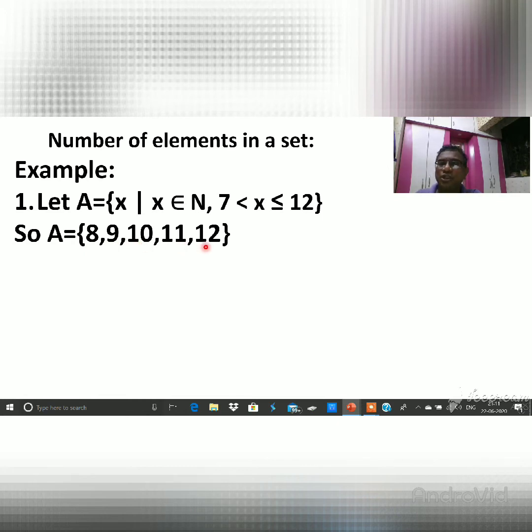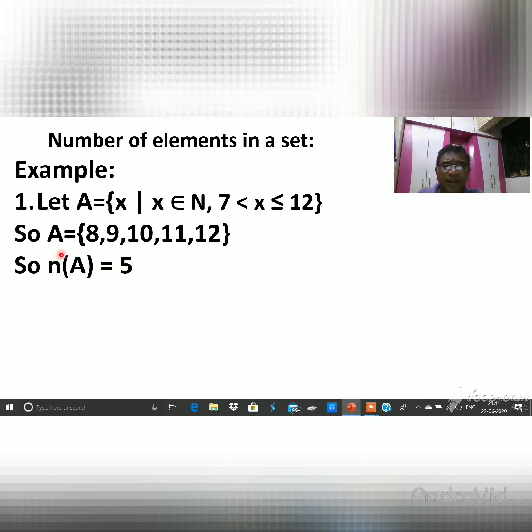Do you understand why it is so? We started from 8 because the given condition is that 7 is smaller than x, and x is a natural number, so the next number after 7 is 8. So we start from 8: 8, 9, 10, 11 and 12. Now how many elements are there?